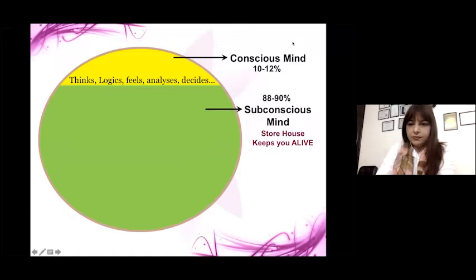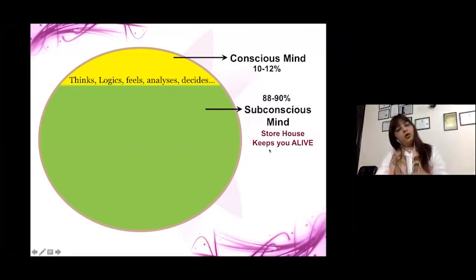Right? So the two main functions of your subconscious mind: it is the storehouse of all the information, and it helps to keep you alive. Now, what do you mean by storehouse of all the information? All the information, that means whatever you are seeing in your world, every single piece of information is stored in your subconscious mind.